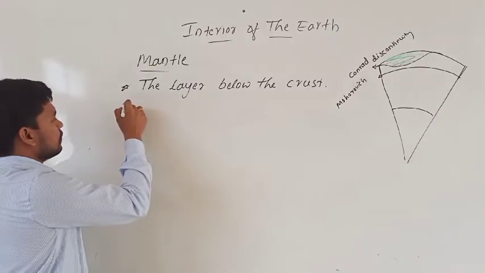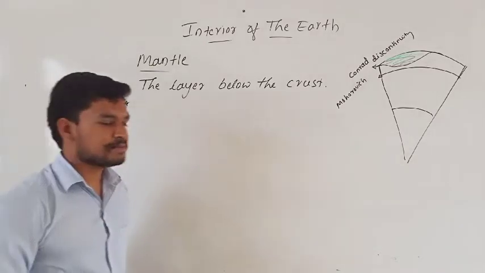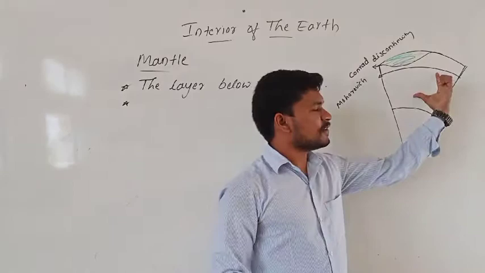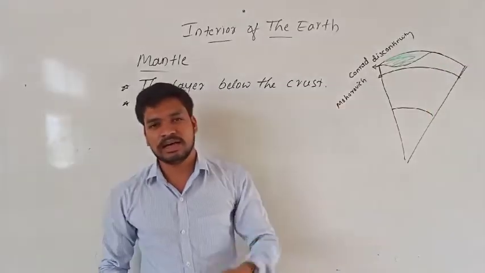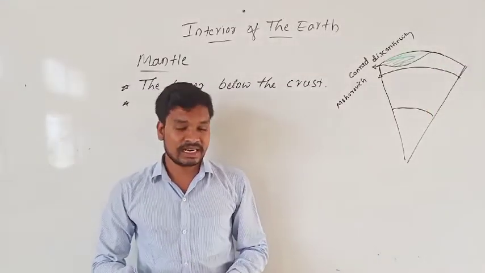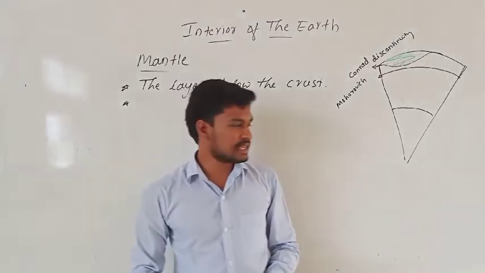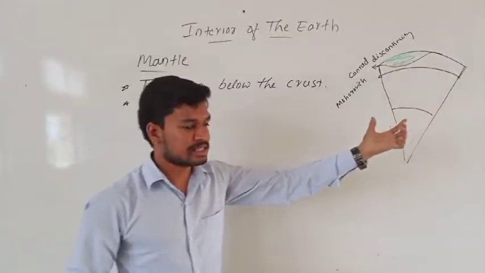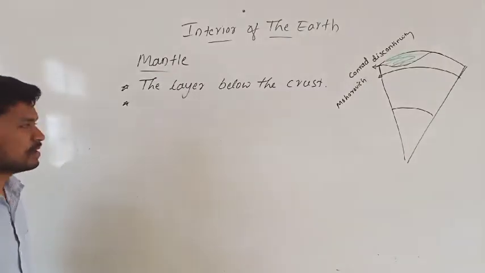The mantle is made up of silicon, silica and magnesium. Like the continental crust, the mantle is also made up of silica.